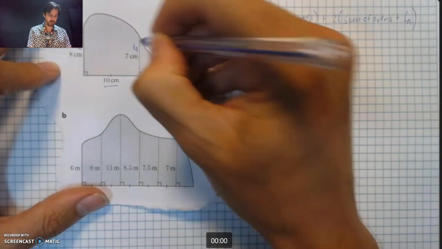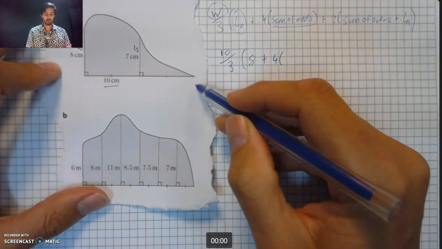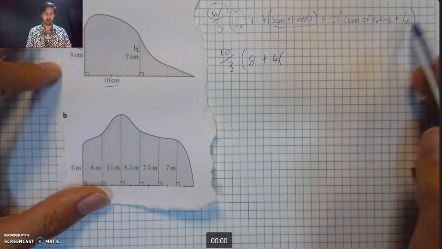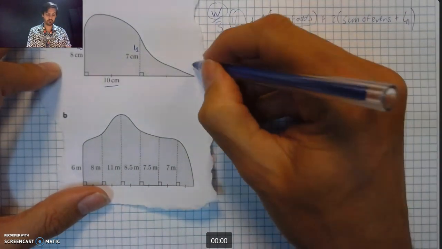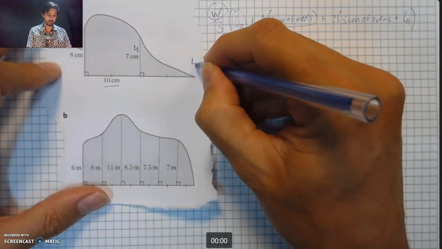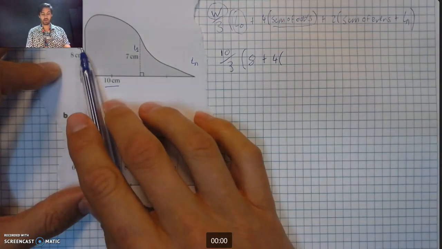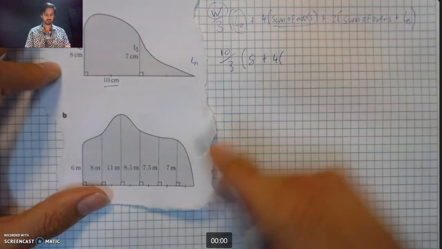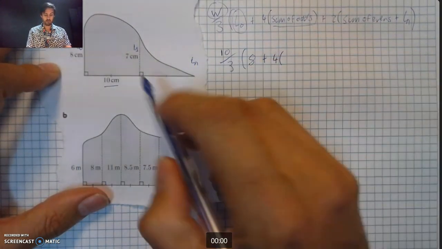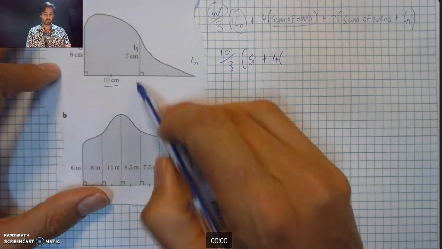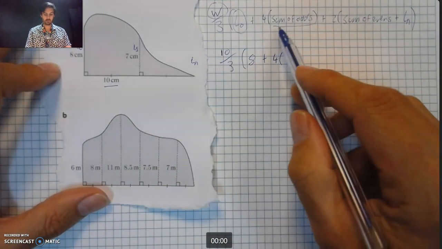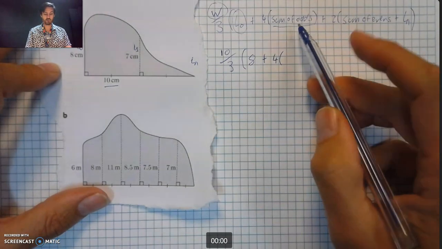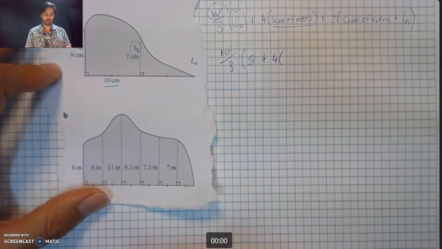Before we get to the last one, our Ln is just our end length, so start L0, L1, finish Ln. So we have only one length in the middle here, L1. That is the sum of our odd lengths. L1 is our odd length.